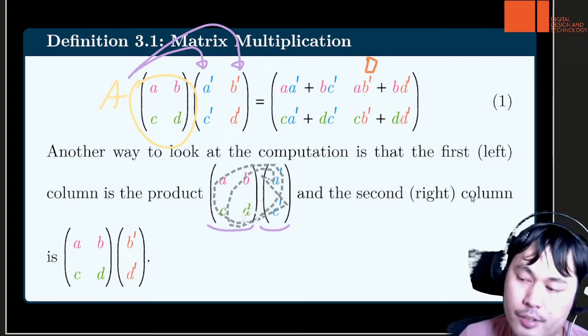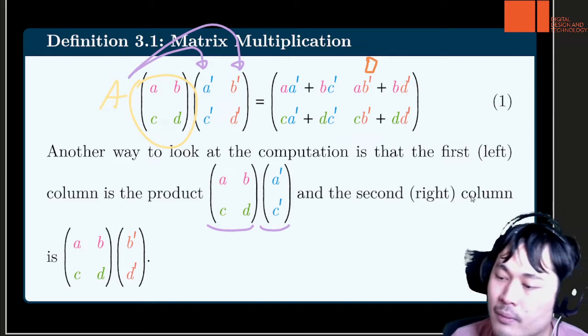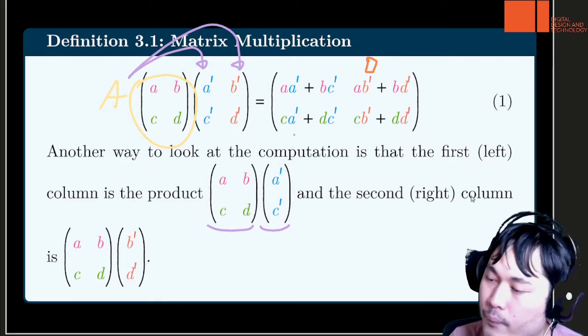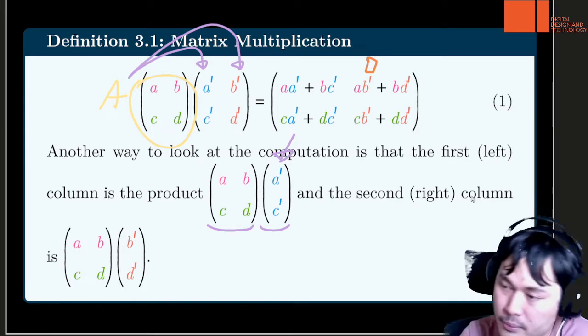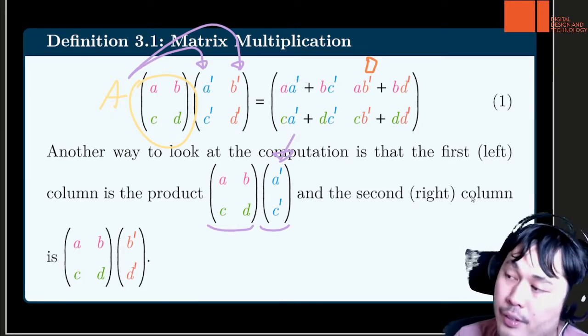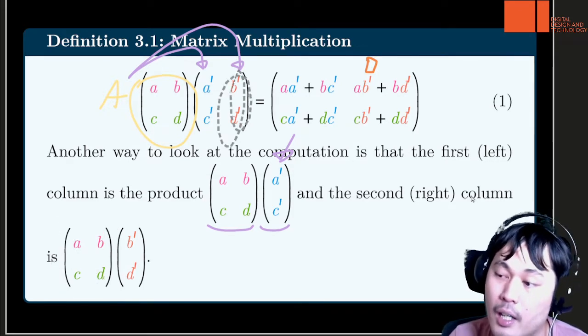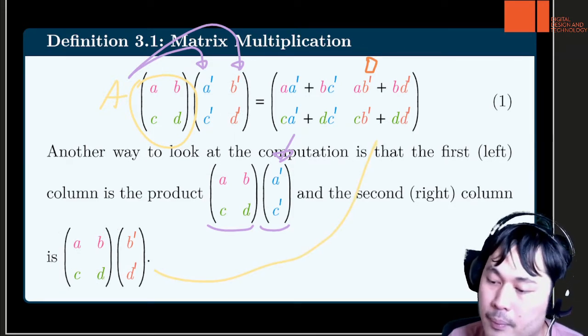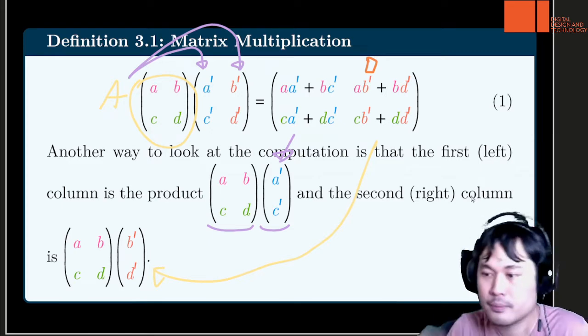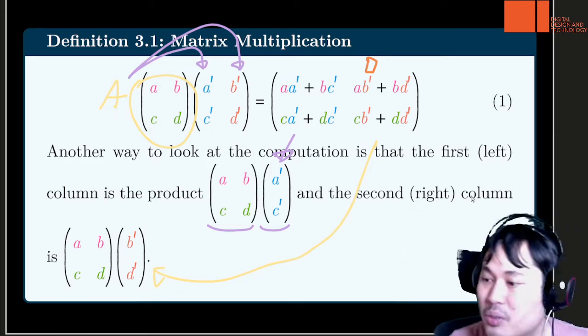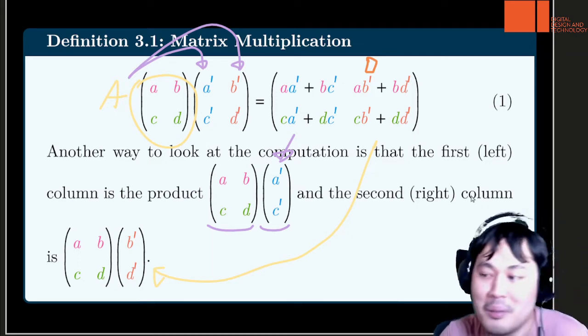And here is the result that we are left with. That's A, the whole matrix, times the first vector, and that's the first half of the result. And then we multiply A by the second column, we get the second half of this result. So now we have two smaller tasks to perform.